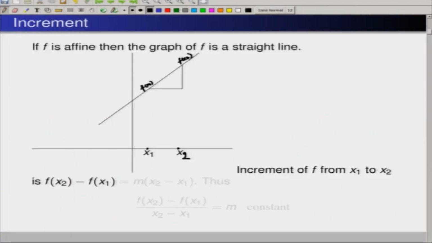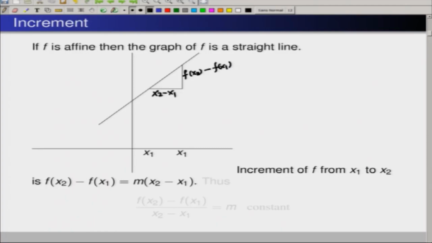So, the increment is going to be f of x 2 minus f of x 1, and the change in x is x 2 minus x 1.